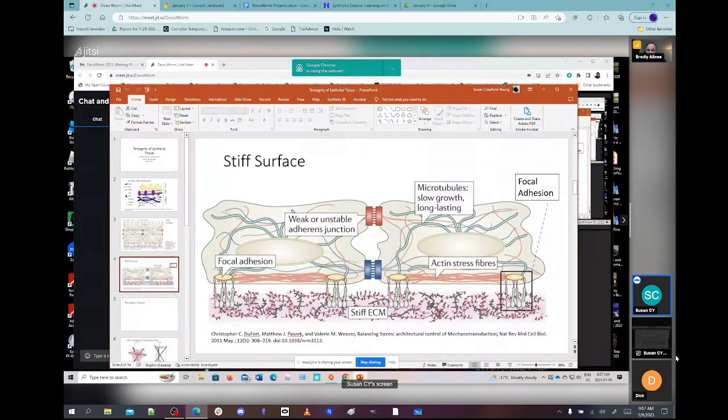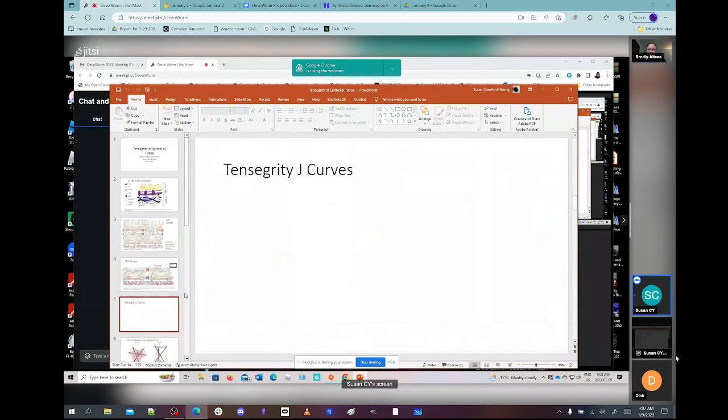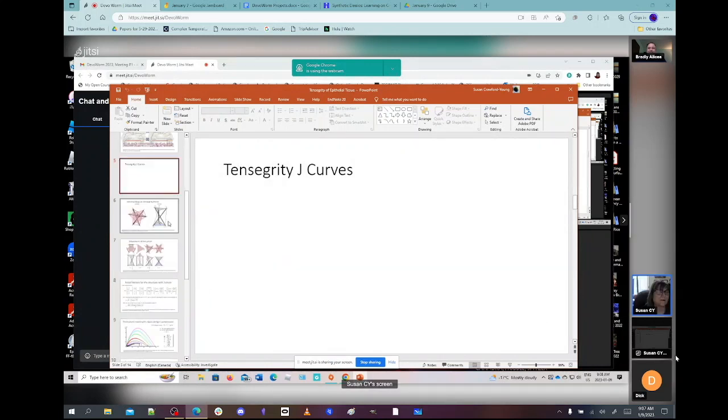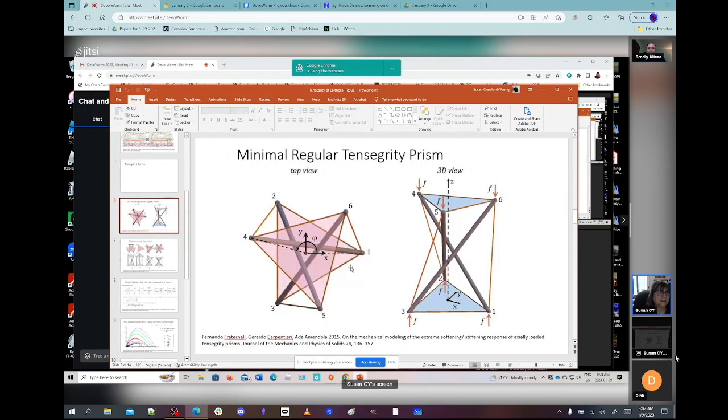So this is kind of what I was going with: an attachment at the top and an attachment at the bottom, and varying the bottom, the ECM. That's sort of what I was modeling, and then I found this paper, and there's the reference here.